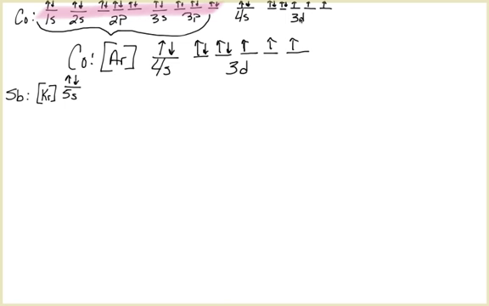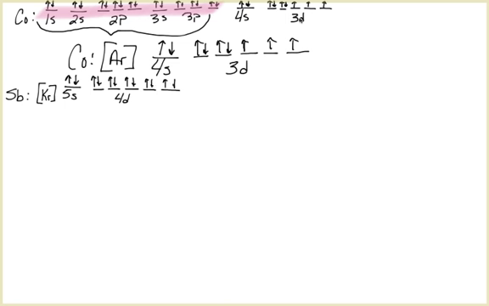After 5s comes 4d. Again, the d block is going to have an energy 1 less than what the period number is. And since we're in the 5th period, the energy for the d is going to be 4. We're going completely through the d block, so all of them will be filled with a total of 10 electrons.